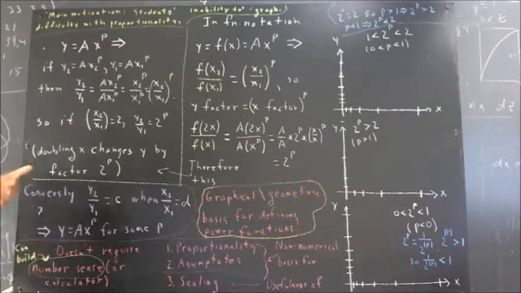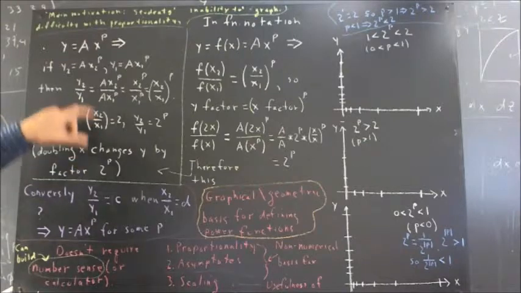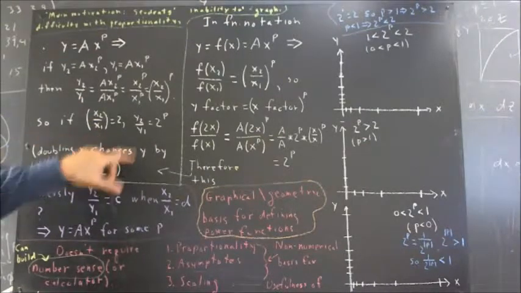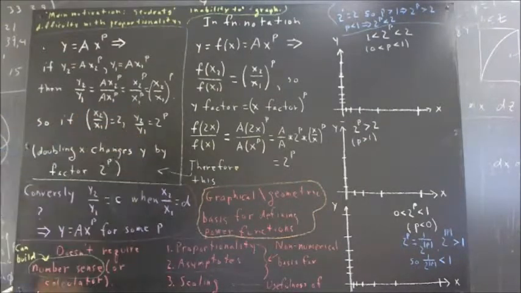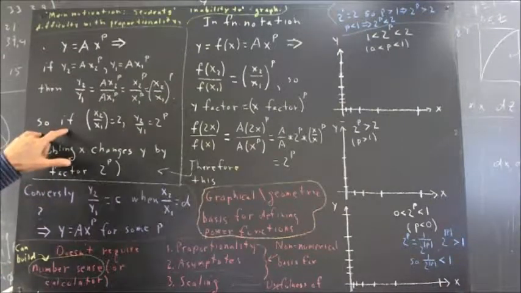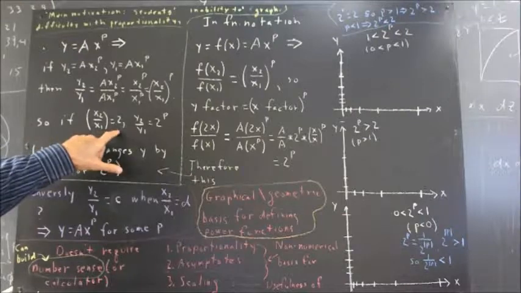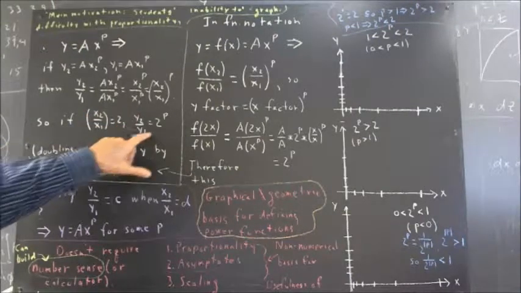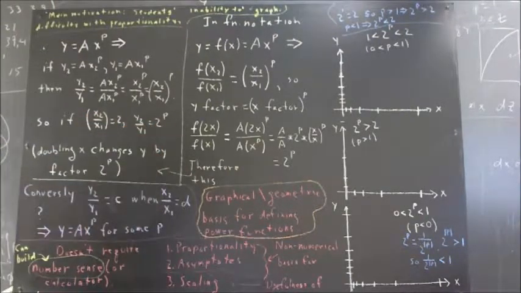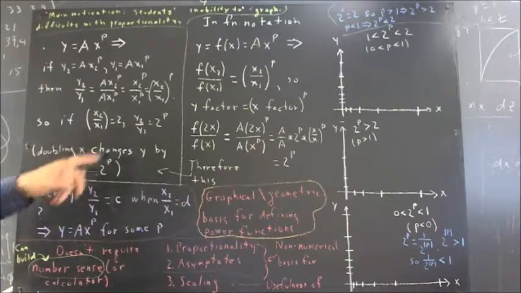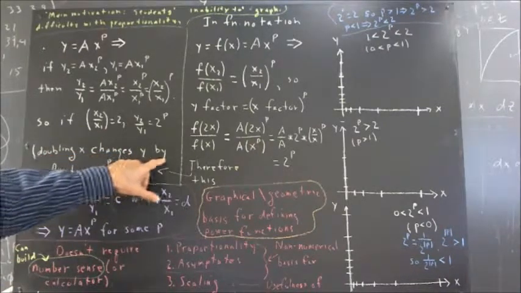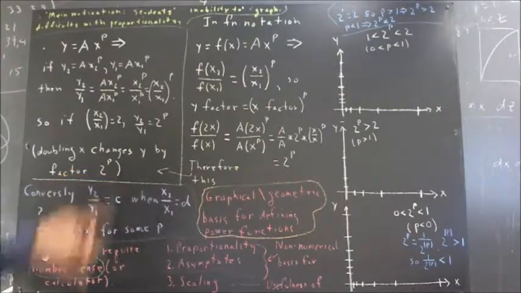So then, for example, the procedure that we're going to use here uses a doubling of the x-coordinate and looks at the result for the y-coordinate. Well, it follows very easily that if x2 over x1 equals 2, then y2 over y1 equals 2 raised to the p. So doubling x changes y by a factor of 2 to the p.